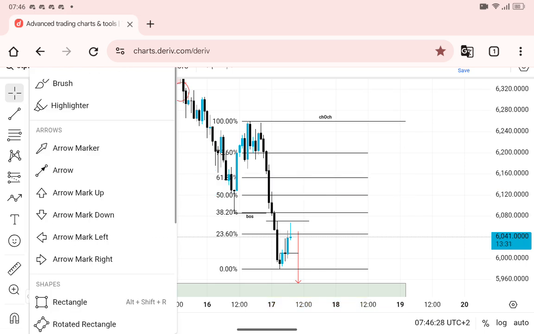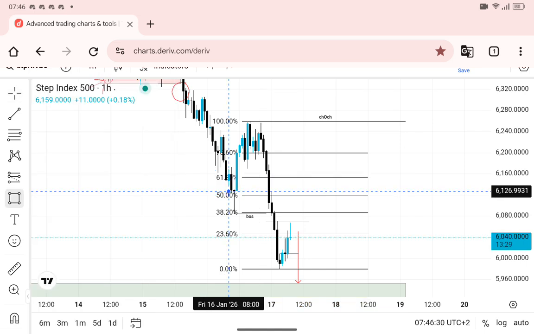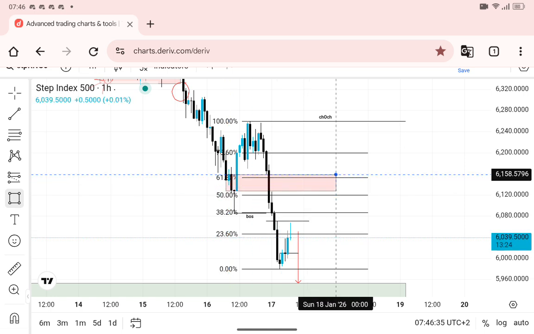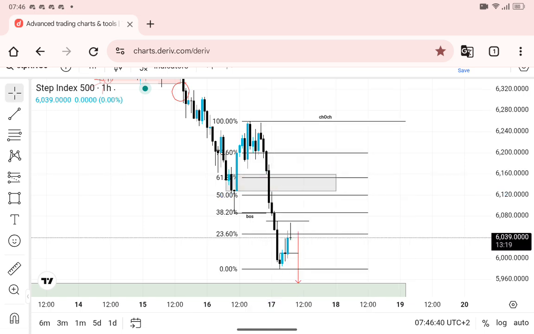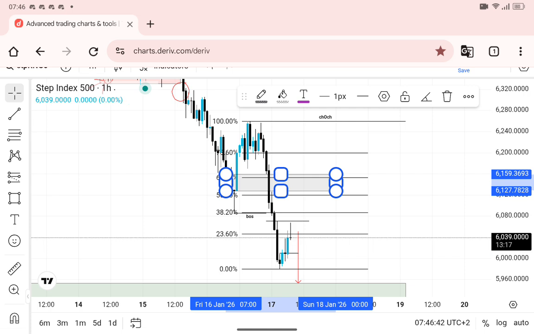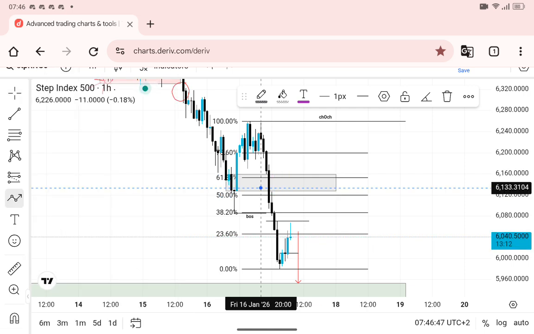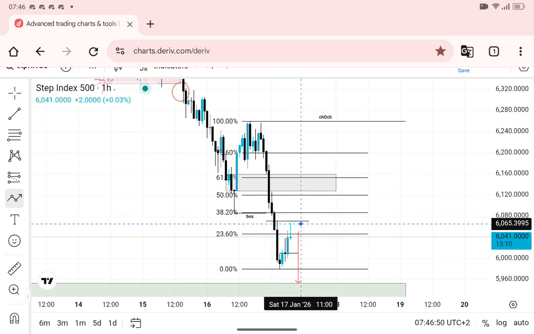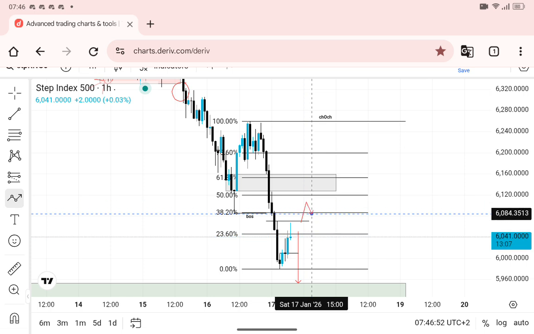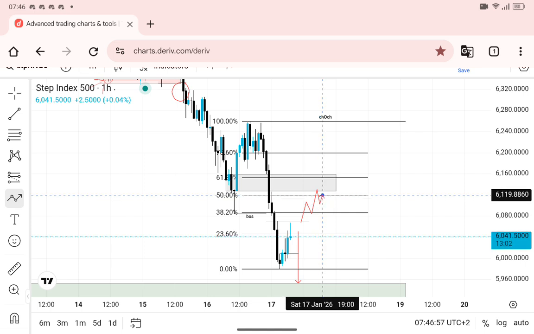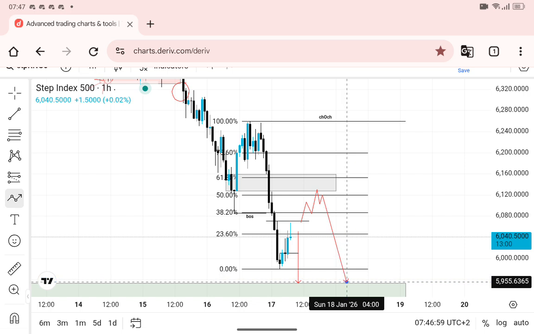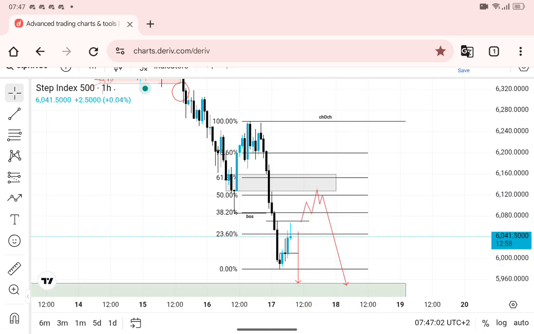So what I will do is mark the body. So we have a breaker block. Now when they come here, 15 minutes has to give me 4 points in the same direction before I can sell from there to here.